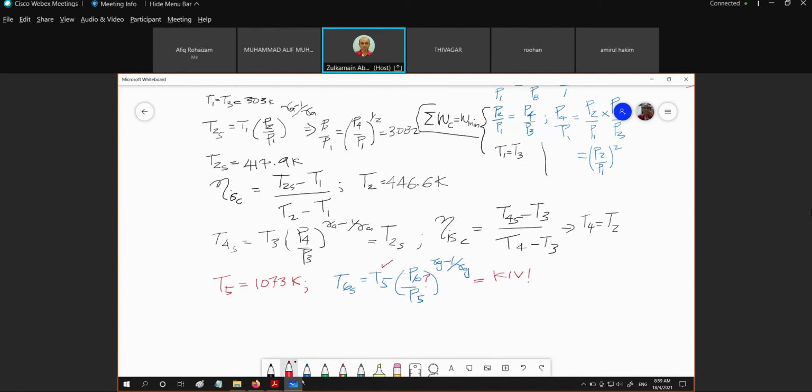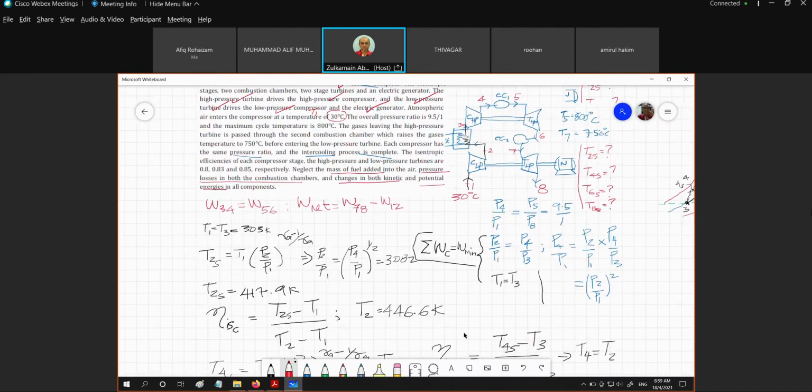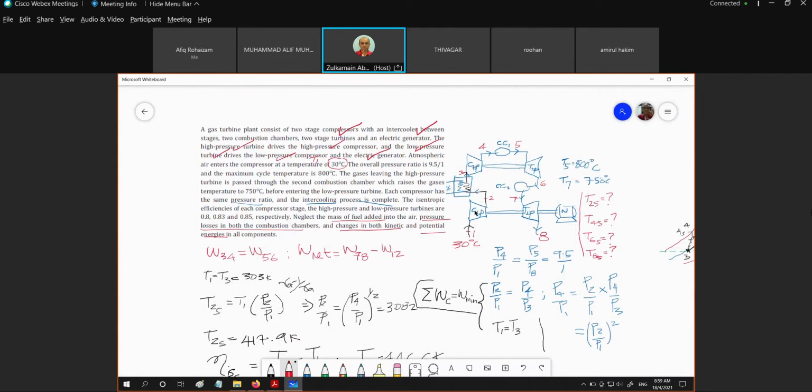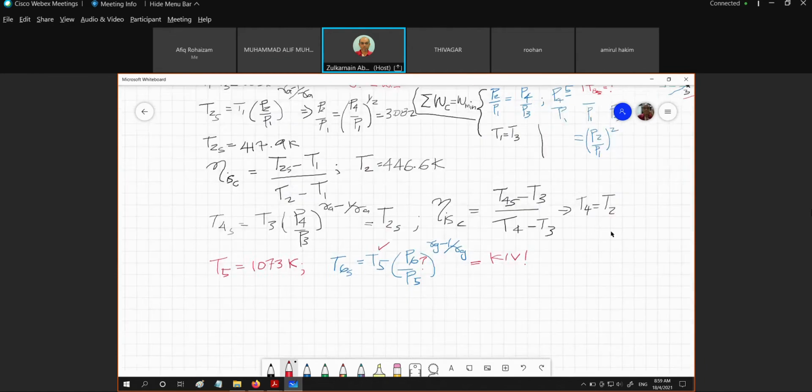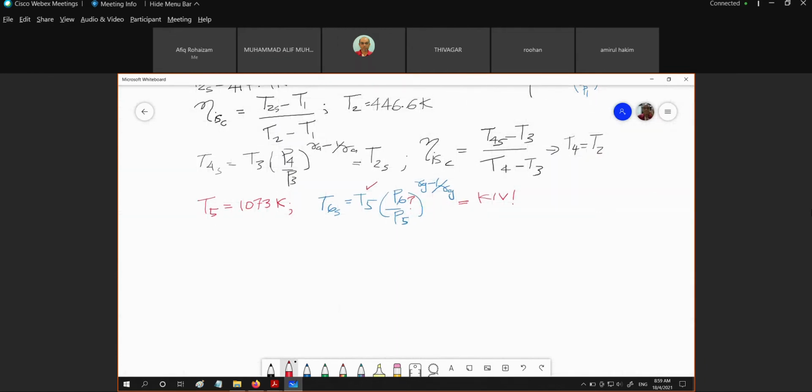Okay? Then what we do, we try to look at the relationship between the shaft. You see this shaft? Work for 3/4 equal to work 5/6. So we have here work 5/6 equal to work 3/4, because we know that the high pressure turbine is running the compressor.